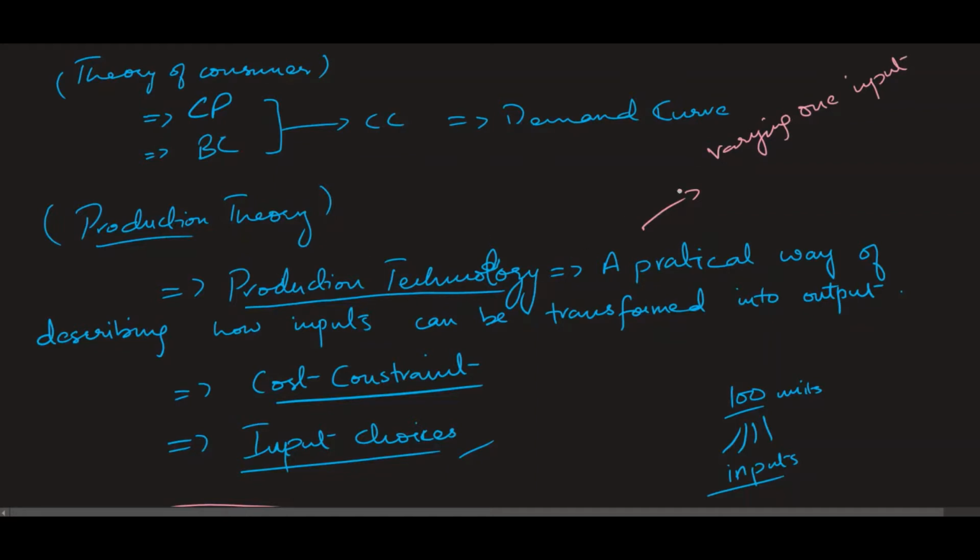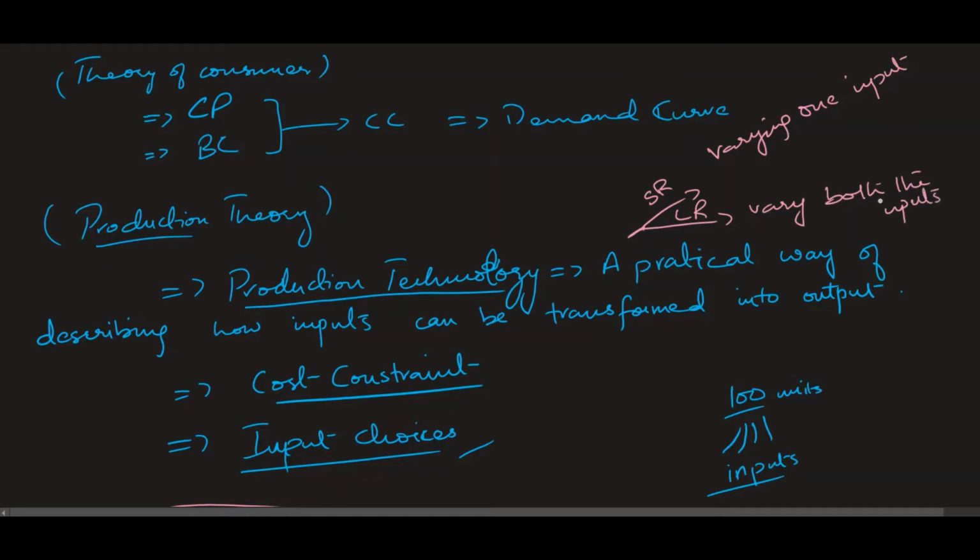Then how this production technology will work, and then after this particular analysis we are going to vary both of the inputs which we are employing. So in production we are going to focus on short run and long run. First of all, we are discussing production technology in short run, in which we are going to vary one input, and then we are going to discuss production technology in long run, where we are going to vary both the inputs.